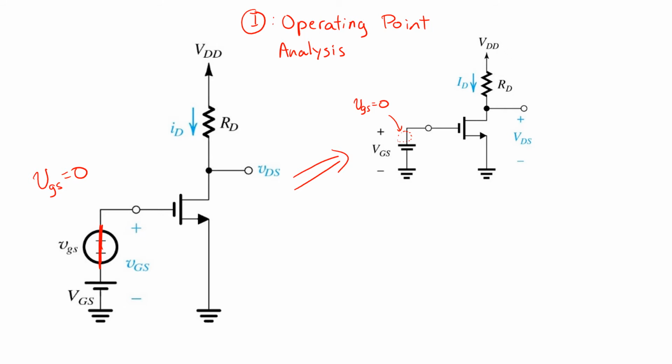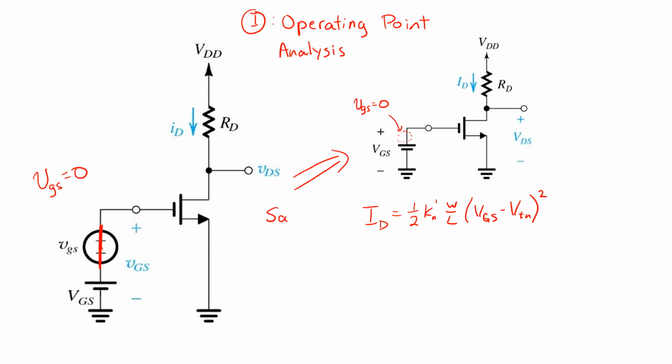The resulting circuit should be solved using square law relationships that you're familiar with. So if the MOSFET is in saturation, we know that ID is a half Kn prime W over L times VGS minus VTN squared.